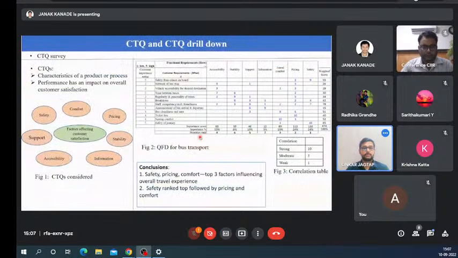Let us see what is the first stage of our study, and that was finding out CTQs. CTQ stands for critical to quality factors.